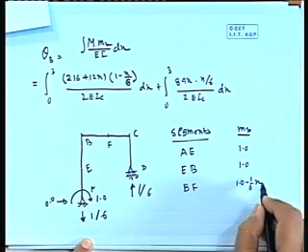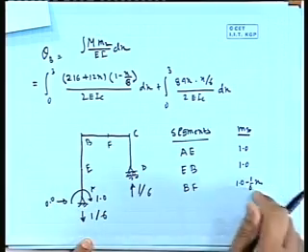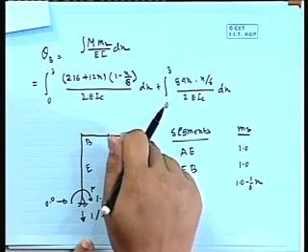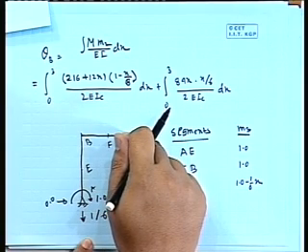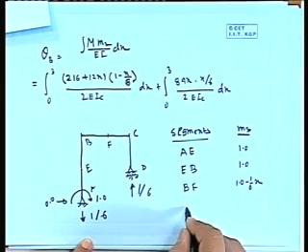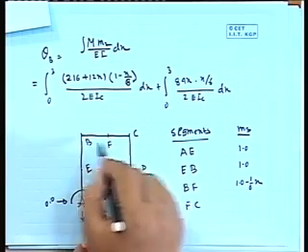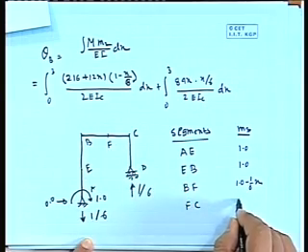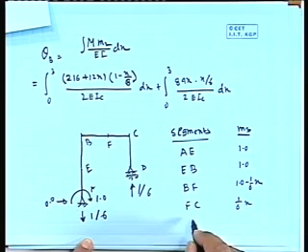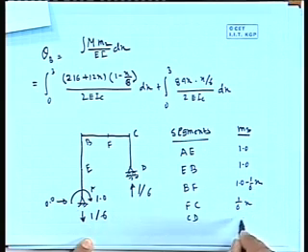If we make x equal to 6, automatically it will cancel, that is basically this point. Now, FC we are considering from that side, so it will be 1 by 6 into x, and CD will be 0.